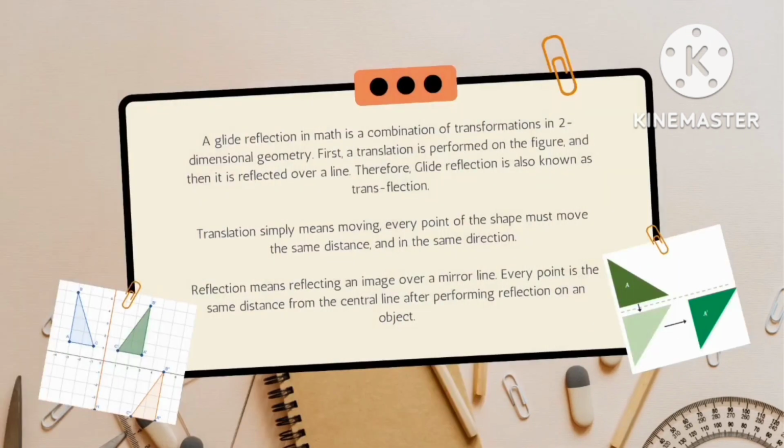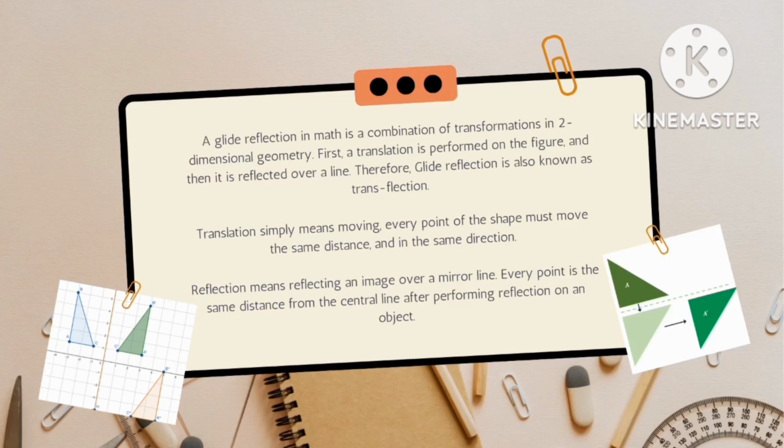A glide reflection in math is a combination of transformations in two-dimensional geometry. First, a translation is performed on the figure, and then it is reflected over a line. Therefore, glide reflection is also known as transflexion.